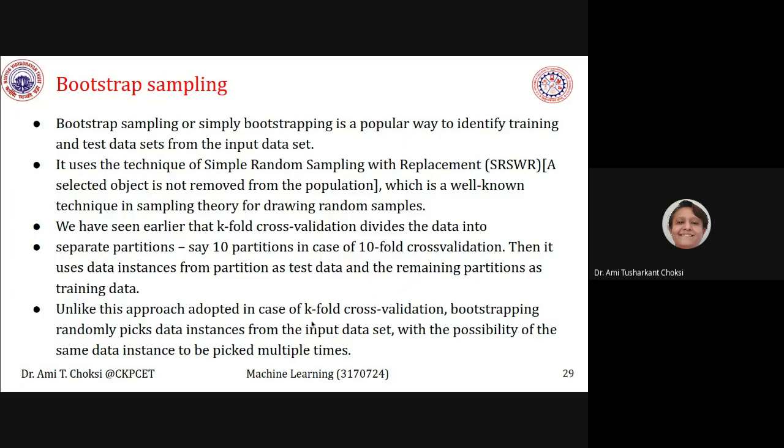Right? That is known to us. Unlike this approach adopted in k-fold cross validation, bootstrapping randomly picks data instances from the input data set with the possibility of the same data instance being picked multiple times.